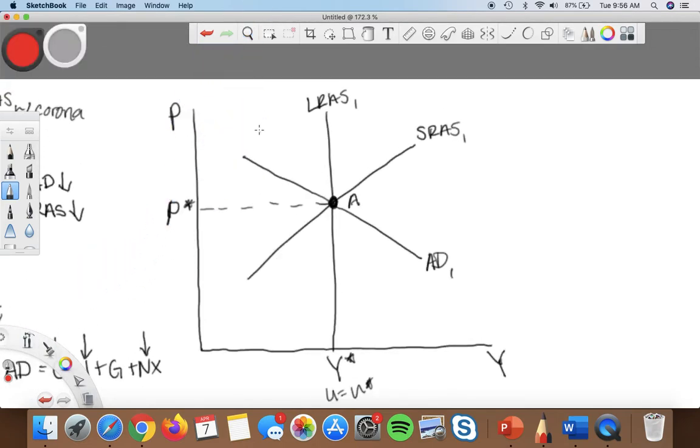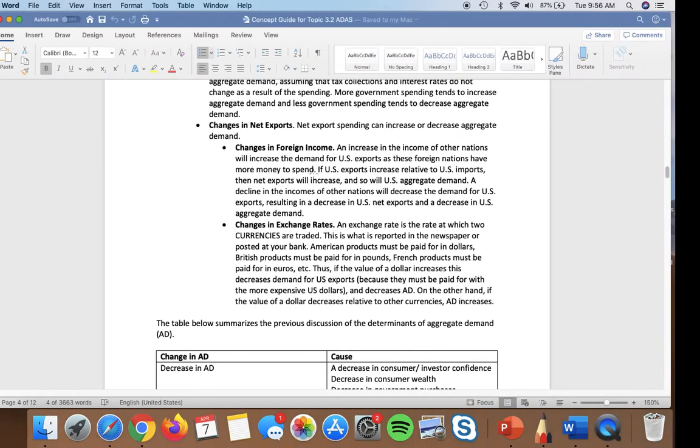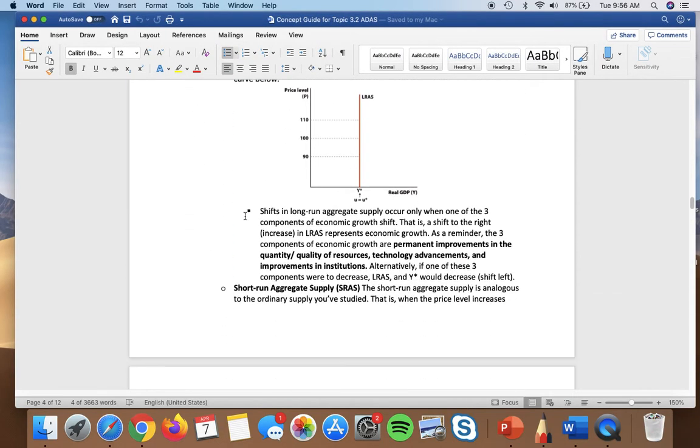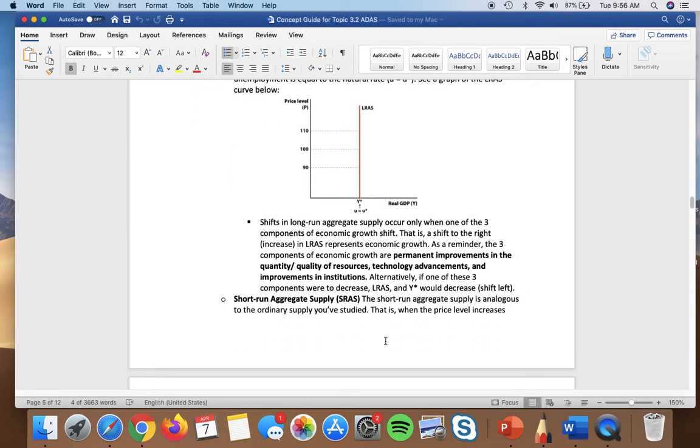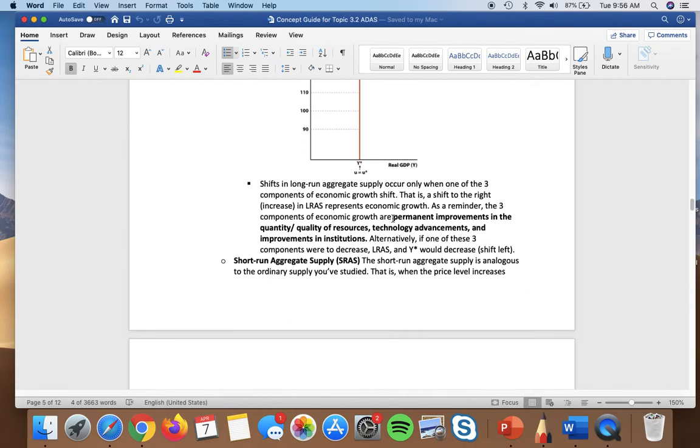However, it's also possible long-term that we could shift this long-run aggregate supply curve. So as a reminder, going back to this concept guide, this long-run aggregate supply curve basically shifts when there are permanent changes to our resources, technology, and institutions, the same characteristics that determine economic growth.